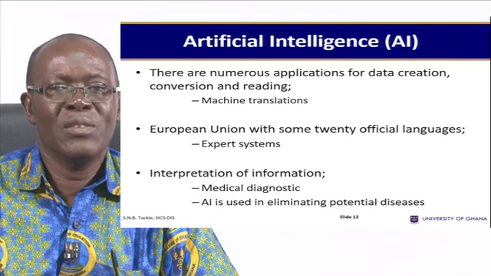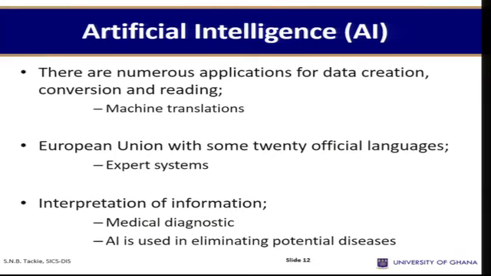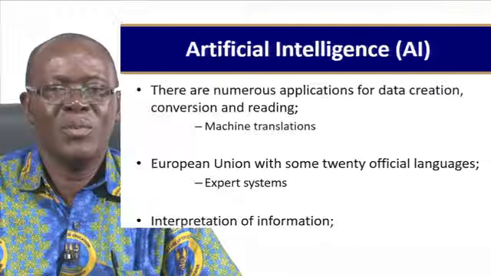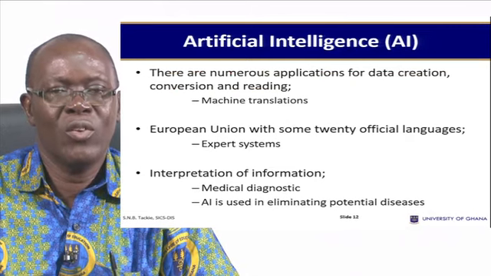Then we have what we call artificial intelligence, which also has numerous applications for data creation, conversion, and reading. For example, we have machine translations, and expert systems that are used by organizations. For example, the European Union has some 20 official languages, but people will understand what is being spoken in a particular language at the same time as the speaker is going on.